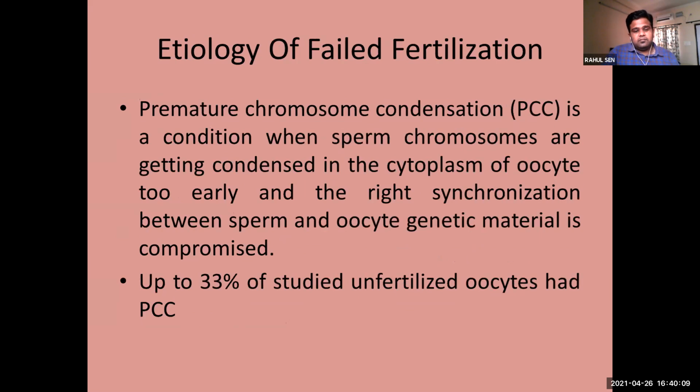If the sperm fails in chromatin decondensation, the term is premature chromosome condensation, the condition when sperm chromosomes get condensed in the cytoplasm of an oocyte but there is no synchronization between sperm and oocyte genetic material. It can be seen in up to 33% of the unfertilized oocytes.